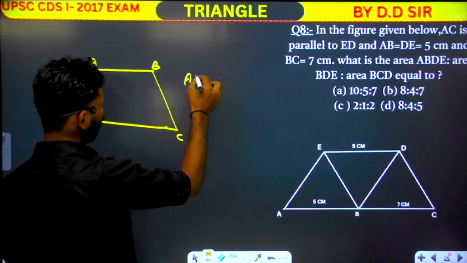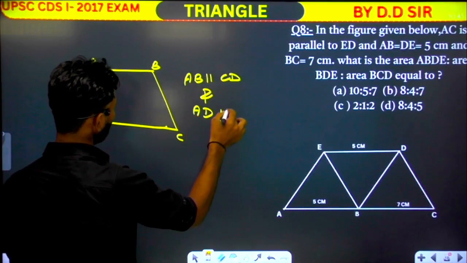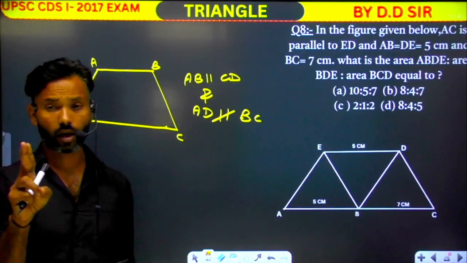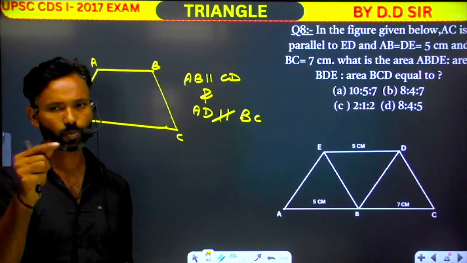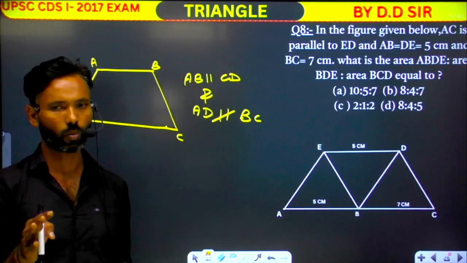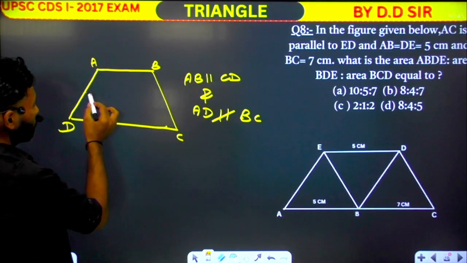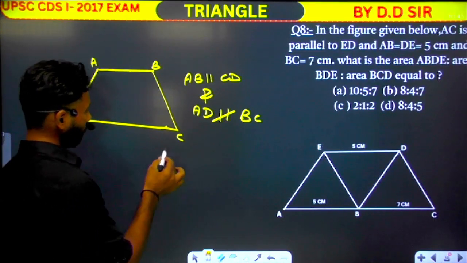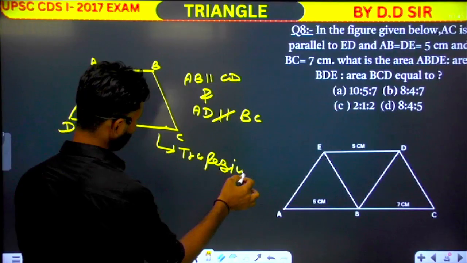AB is parallel to CD, but AD is not parallel to BC. If one pair of opposite sides is parallel and the other pair of opposite sides is non-parallel, this kind of quadrilateral will be known as a trapezium.